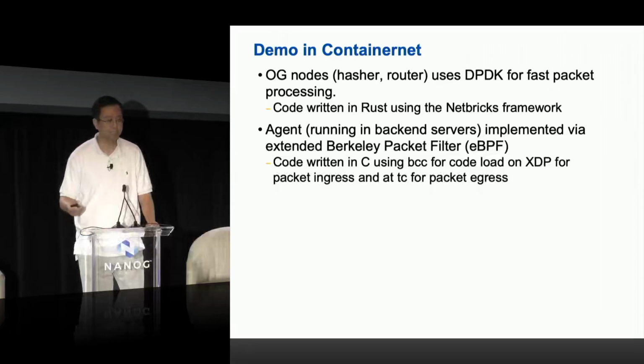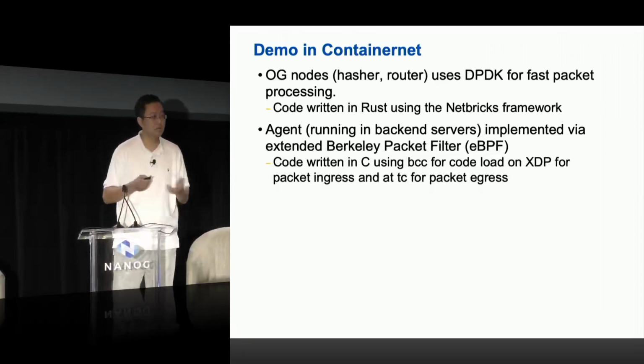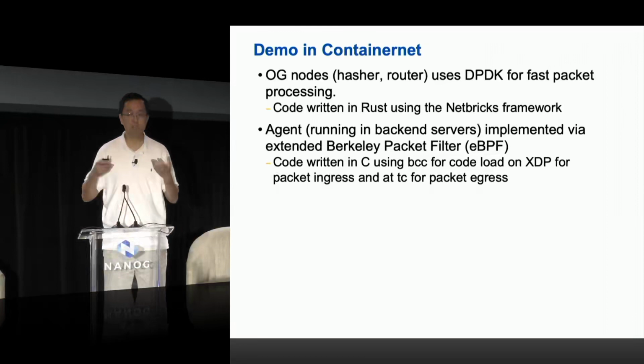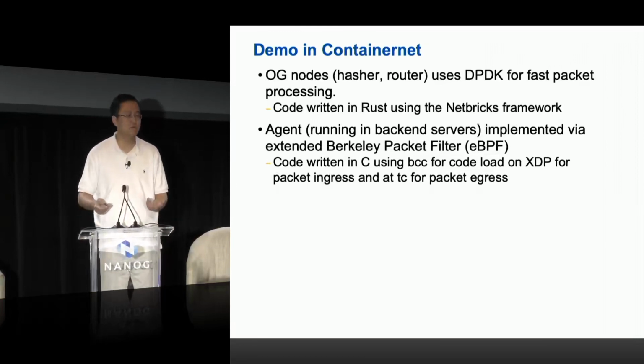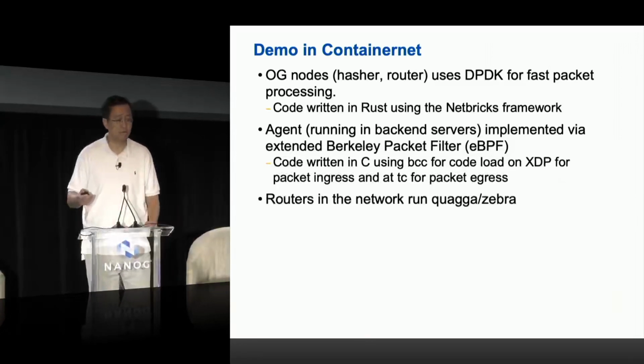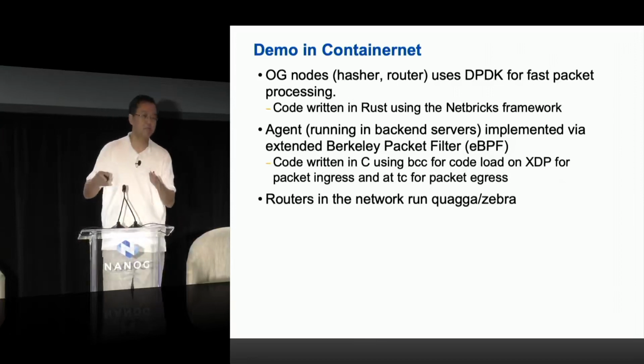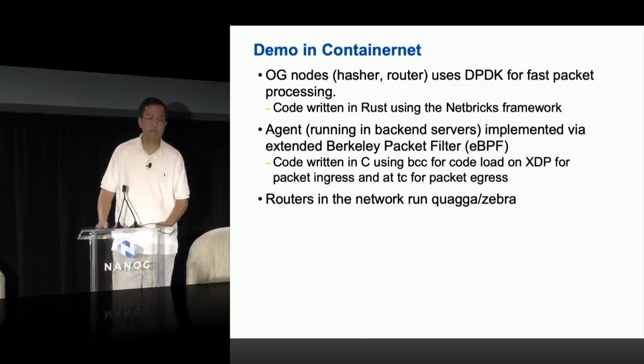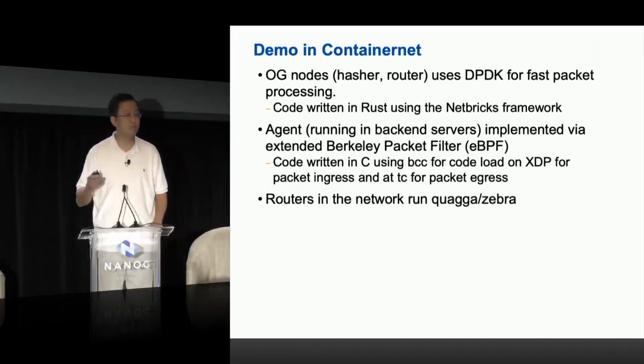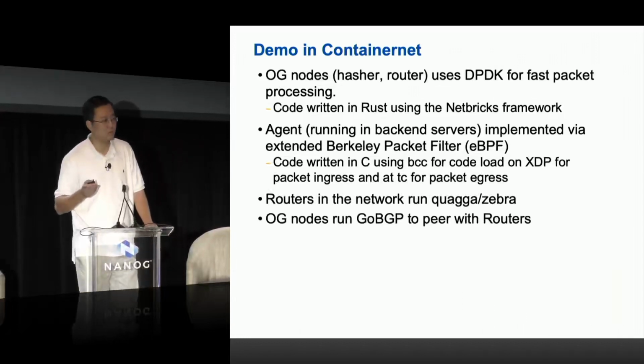So all this is actually the real code that is run in ContainerNet. In the routers in the ContainerNet demo that I'm going to show, they run old routing software, Quagga, Zebra, BGP. And for peering, for our OG hasher nodes to peer, we run GoBGP in Docker.